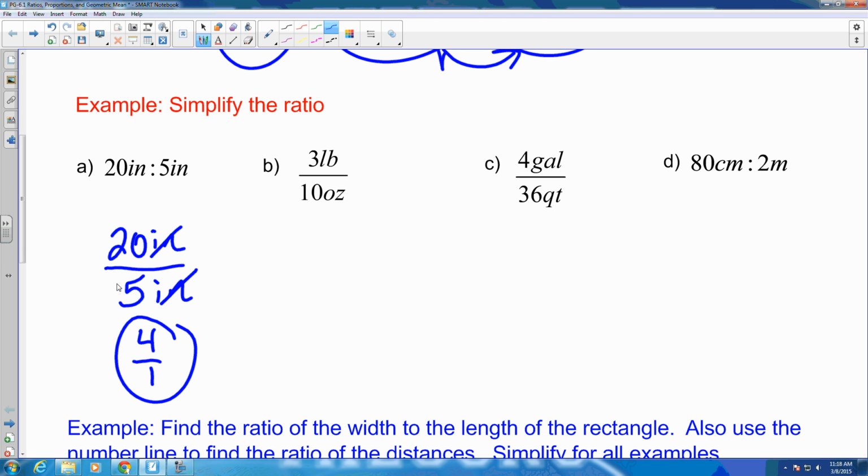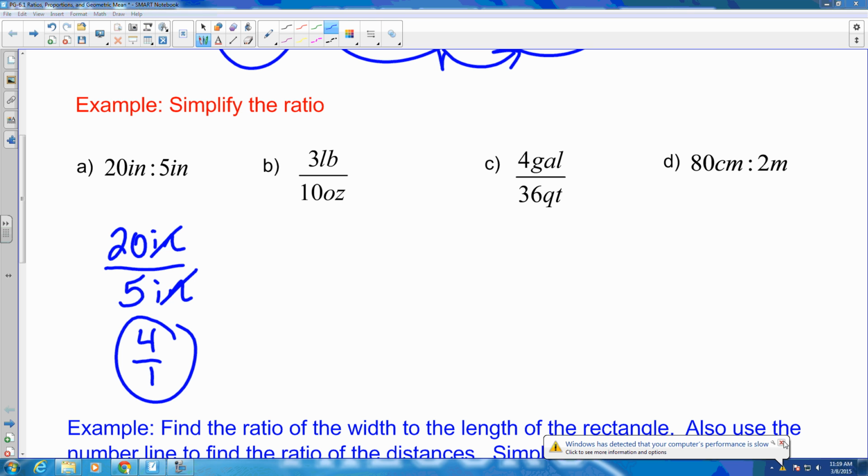Okay, what's different in example B is I got pounds on the top and ounces on the bottom. What we have to do in order to simplify this ratio is get them both the same. The easiest way to do that is to do some unit analysis on one of the values in either the numerator or denominator.